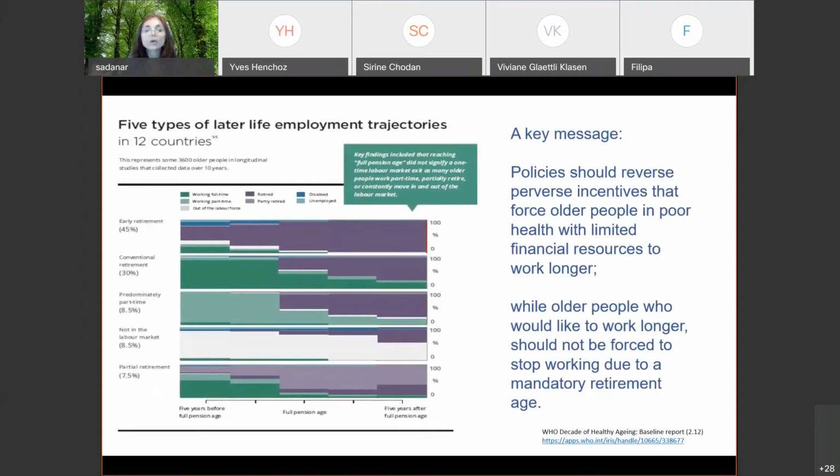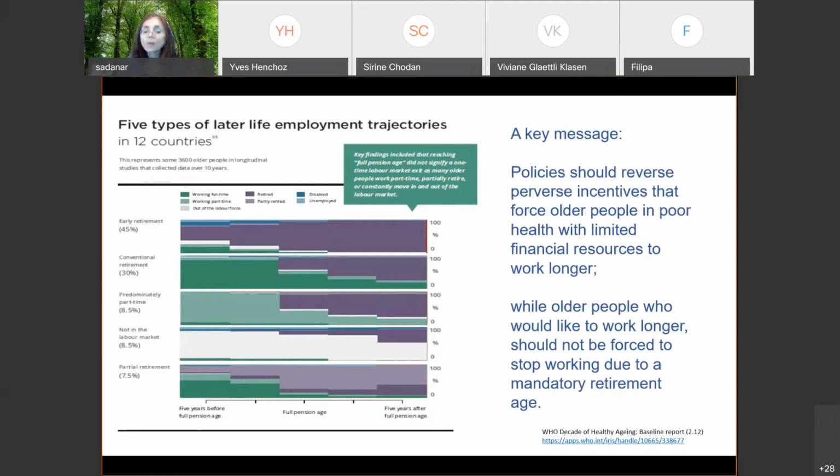This is an example from Ignacio Calabria in Chile, who led an analysis of 12 longitudinal studies, again from the health and retirement surveys that we're all looking at, but also focused on the economic and social policies that shape opportunities and choices for older people.